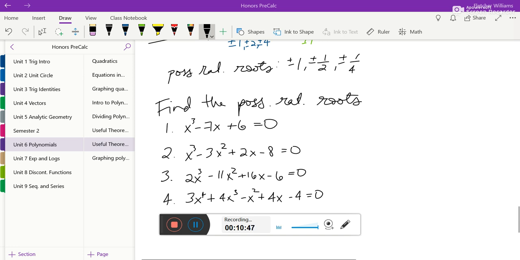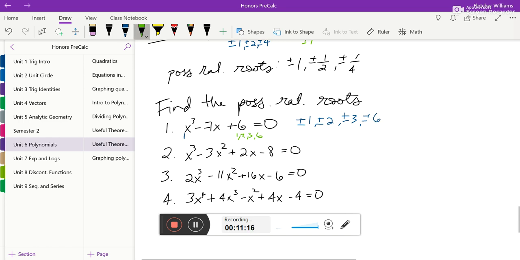Okay, the first solution, we've got a 6, so that's plus or minus 1, 2, 3, and 6, and from this coefficient just a 1. So that just gives us possible rational roots of 1 over 1, which is 1, 2, plus or minus 3, and 6.